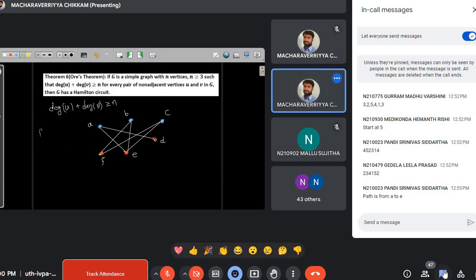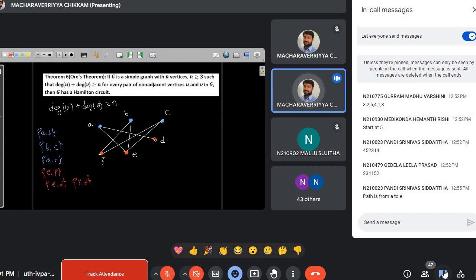Now we can easily identify pairs of non-adjacent vertices. You can take the pair AB. They are non-adjacent. Even the pair BC, they are non-adjacent, and AC. So these are the non-adjacent pairs, and we have a few more pairs also. We can take EF, ED, and FD.